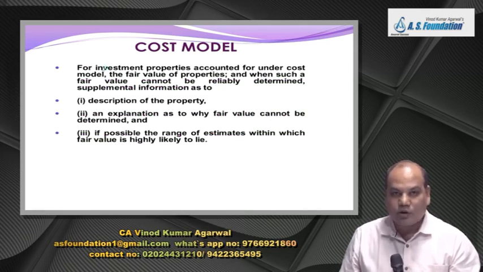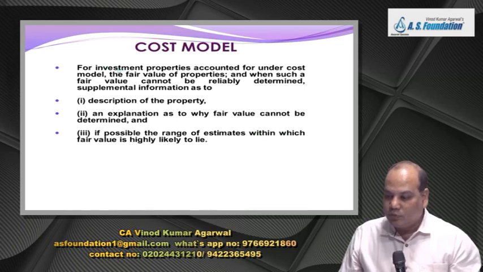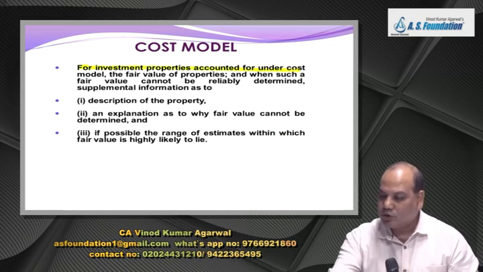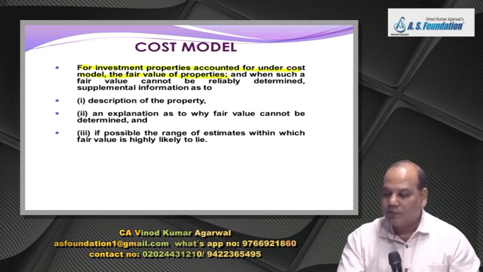Last, disclosure on cost model. For investment property accounted for under cost model, now this is a very important line. In case you have followed cost model, you have to also disclose the fair value of the property. And when such fair value cannot be reliably determined, you have to give additional information.